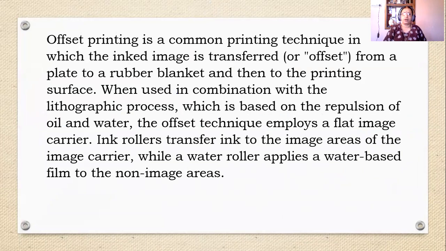Offset printing is a common printing technique in which the inked image is transferred from a plate to a rubber blanket and then to the printing surface. When used in combination with the lithographic process, which is based on the repulsion of oil and water, the offset technique employs a flat image carrier.